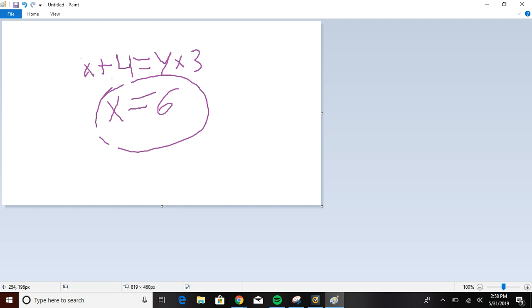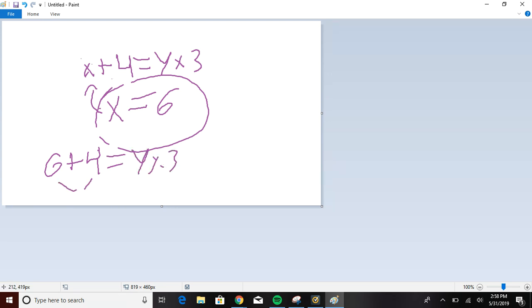So now that we have x equals 6, we just put that in and substitute it. So we've got 6 plus 4 equals y times 3.